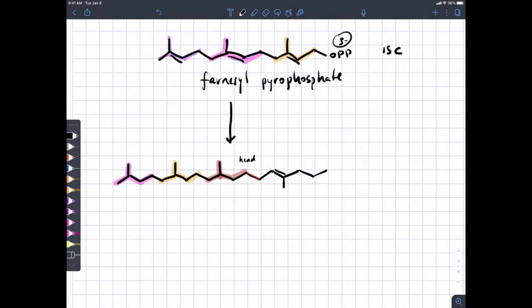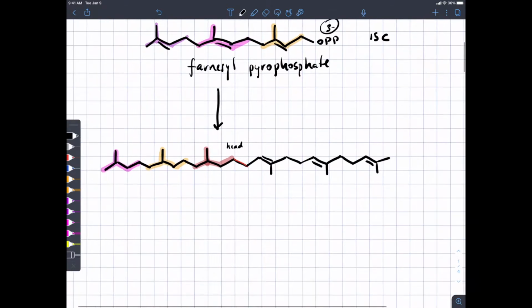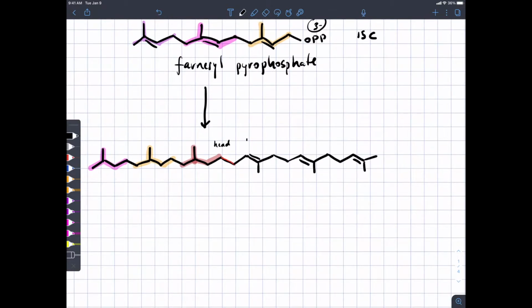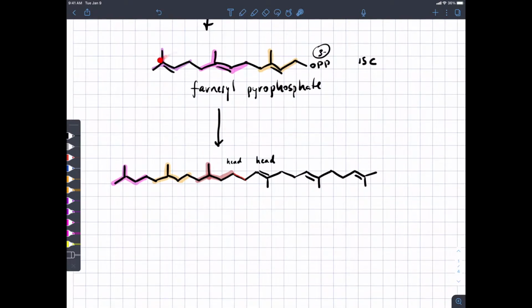All right. One of the interesting features of this reaction is that you're going to join 2 molecules of farnesyl pyrophosphate together, but instead of having them be added together head to tail, their head groups are linked to each other.